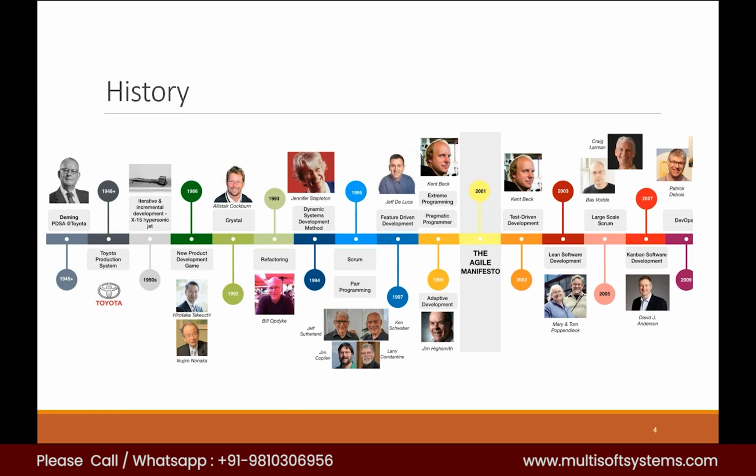Now different frameworks and methods got introduced with time. Initially Toyota came up with the Toyota Production System, and that was basically the birth of Kanban, the first time Kanban came into the picture.